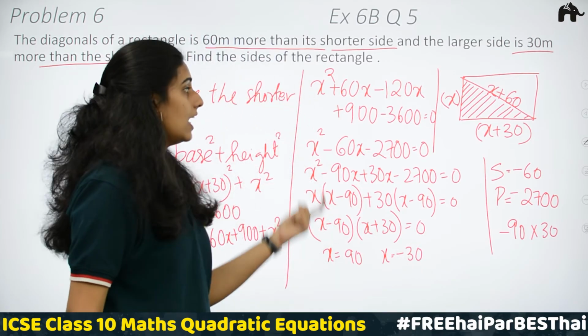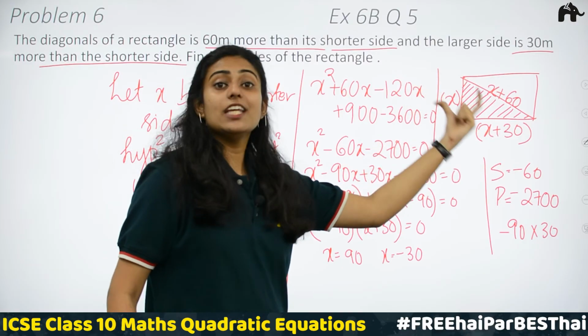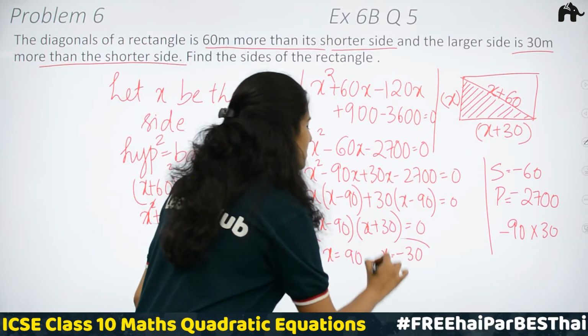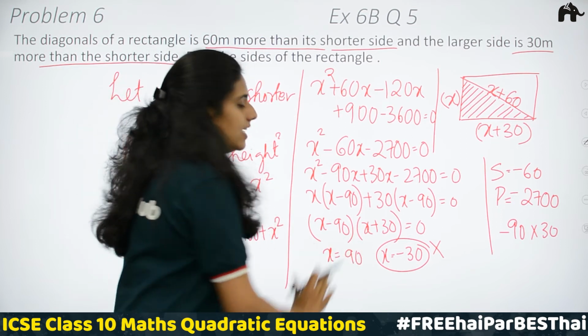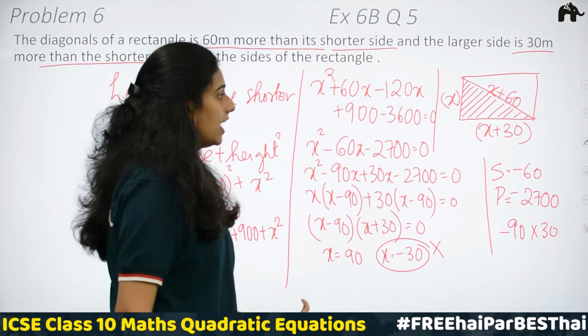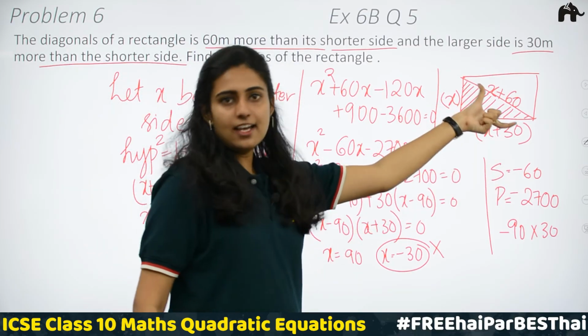What is x? x is the shorter side of the rectangle. It cannot be negative. Therefore, this value cannot be taken. If x is equal to 90, then we can find the length of the larger side and the diagonal.